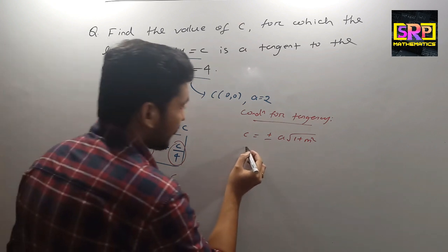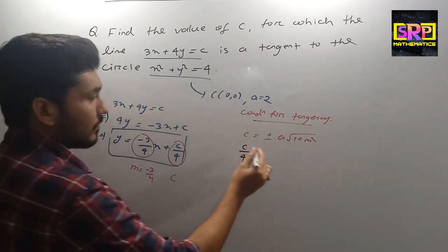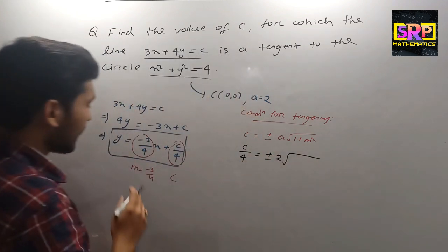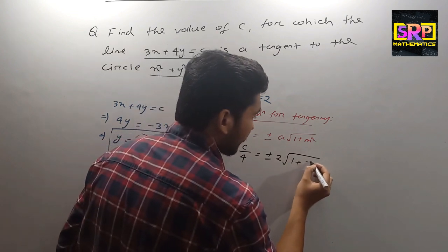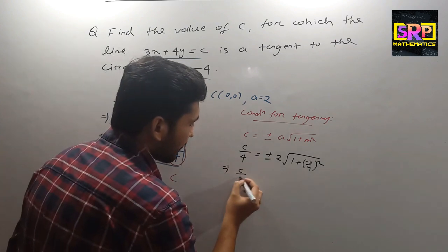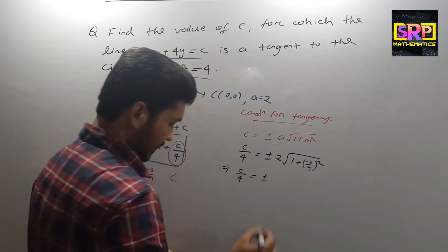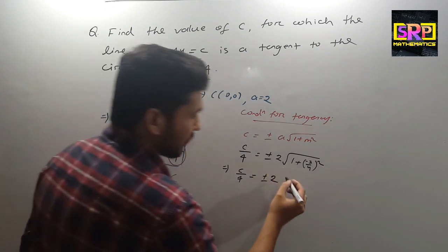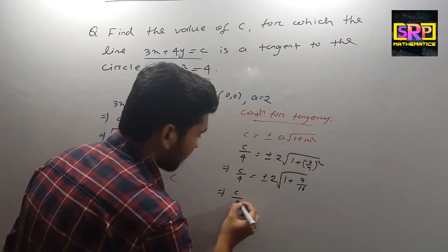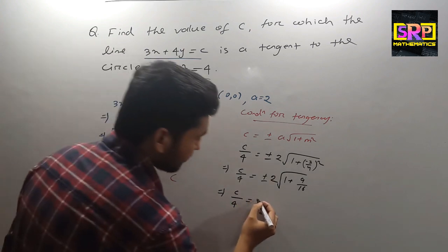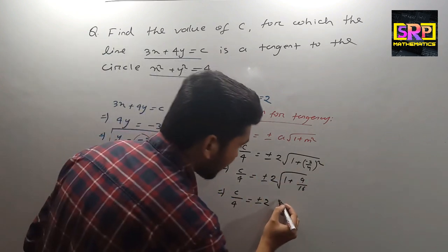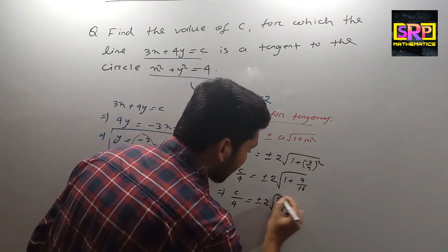Our c is c by 4, the y-intercept, plus or minus a is 2 into root over 1 plus m square, so 1 plus minus 3 by 4 whole square, which implies c by 4 is equal to plus or minus 2 into root over 1 plus 9 by 16. That means c by 4 is equal to plus or minus 2 into root over 16 plus 9 by 16, 25 by 16.